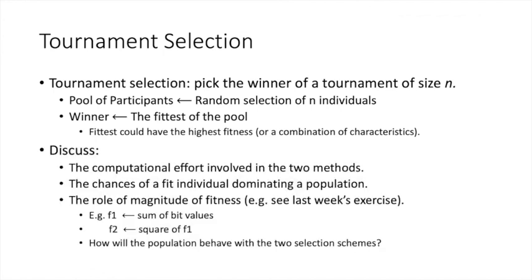Now here's a bunch of questions for you to discuss. Which of the tournament and roulette wheel selection is computationally cheaper or quicker to run? Secondly, if one member of the population becomes massively fitter than the rest, in which selection method will this individual quickly dominate the population?